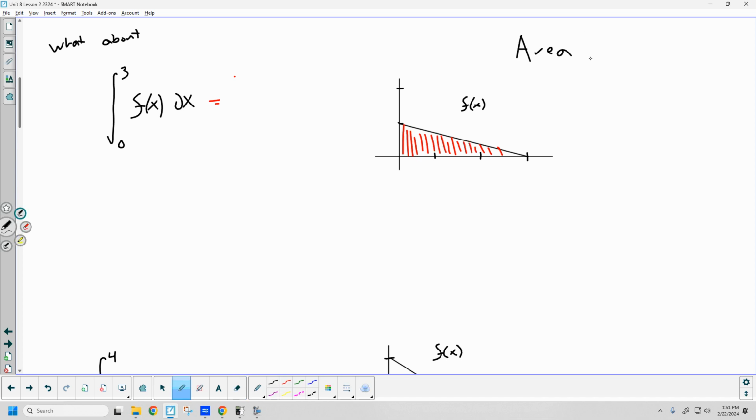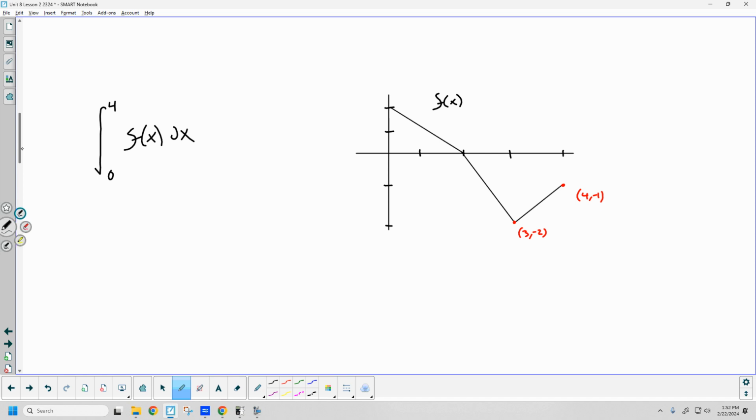It's a good thing to write down if you don't remember. The area of a triangle is 1/2 base times height, and that is a base of 3 and a height of 1. You get 1.5. Geometry is a third way to find accumulations if we have straight lines.